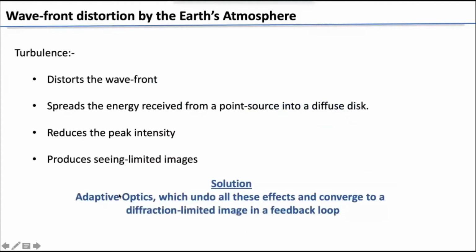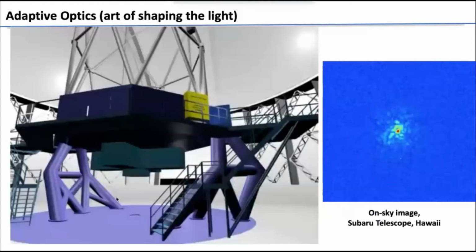So what do you do? You use something called adaptive optics. It's a magical technique which undoes all of these effects and converges to a diffraction limited PSF. So you're not limited by the seeing; adaptive optics undoes the twinkling of the star, and it produces diffraction limited images, something that you theoretically expect.